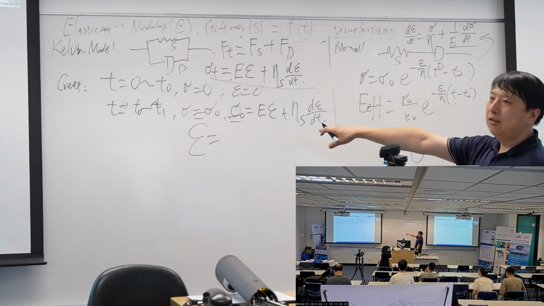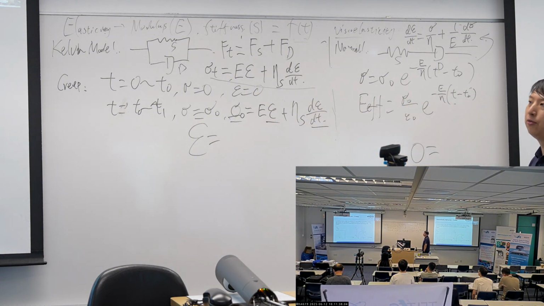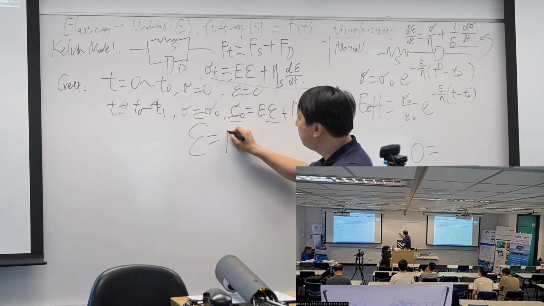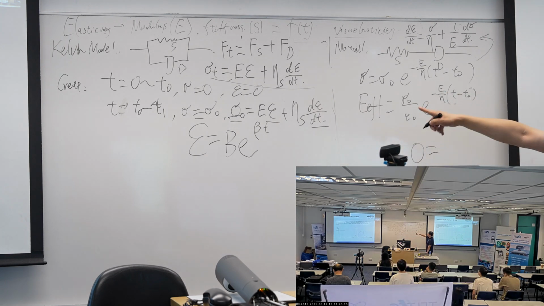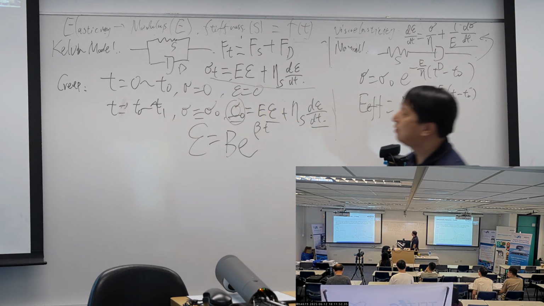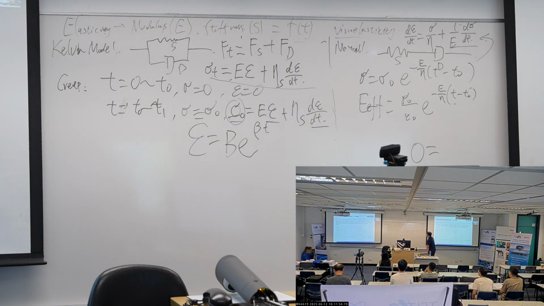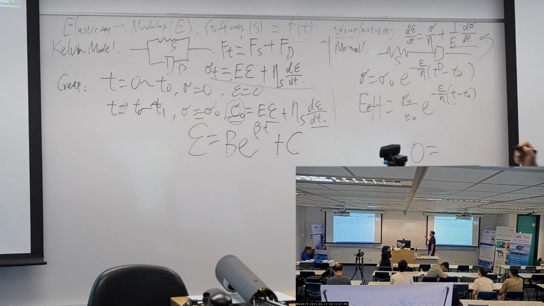My final solution should also be some exponential function, so it's B e to the beta T. But when T equals 0, we need to consider the sigma 0 term. So I decided to add a certain term C here to better serve my solution.